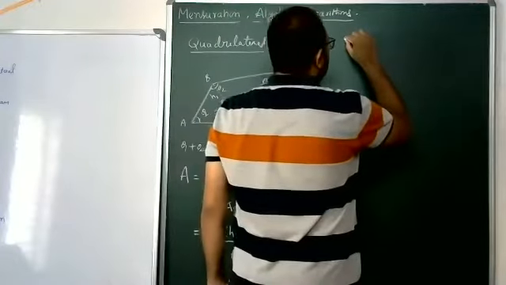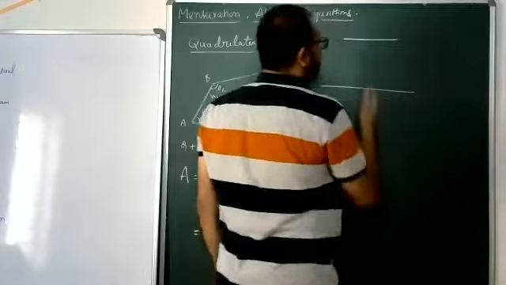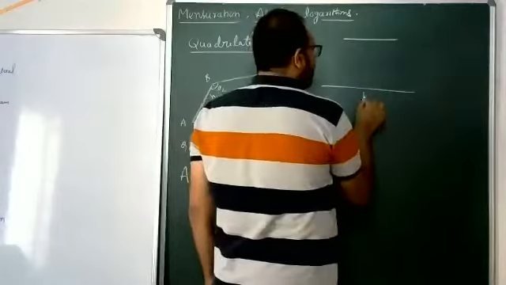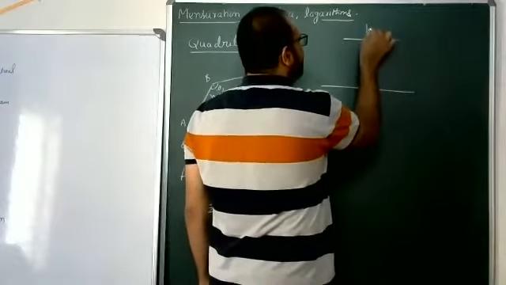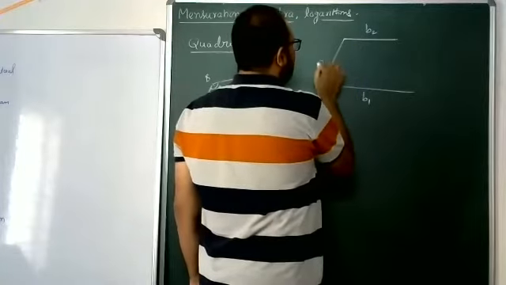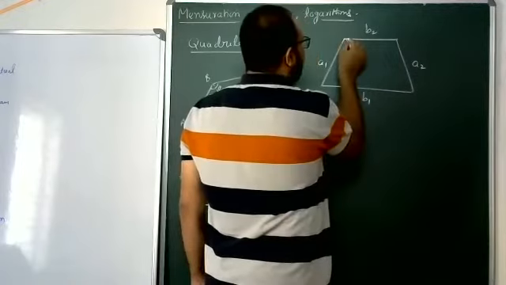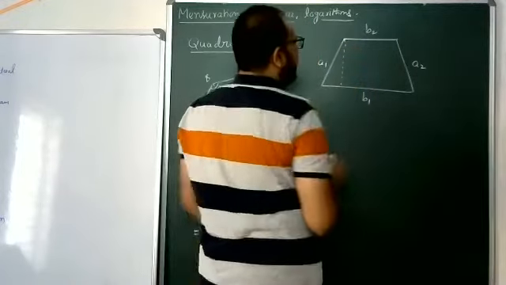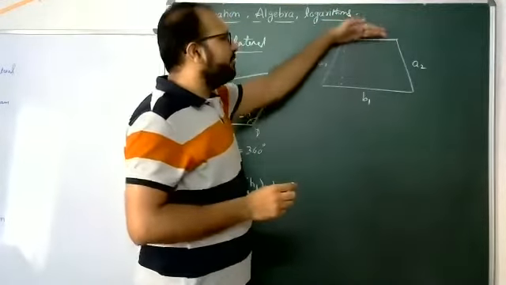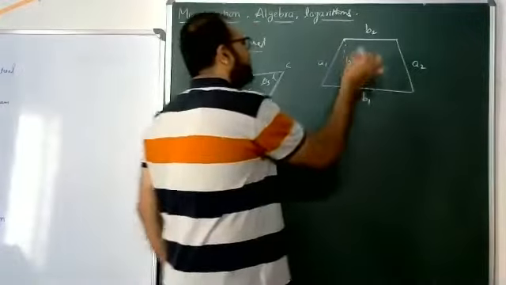For example, this is one side, this is another side, both parallel to each other. Here I am taking this length B1, this length B2, here A1 and this is A2. And from this line to that line, the pair of parallel lines, the perpendicular distance is H.